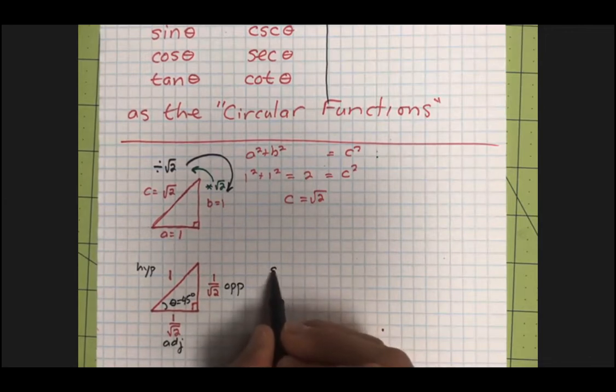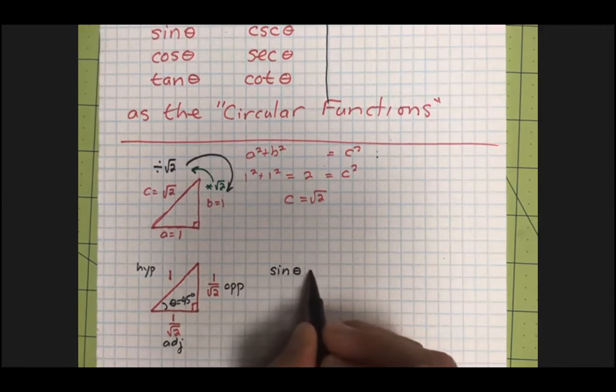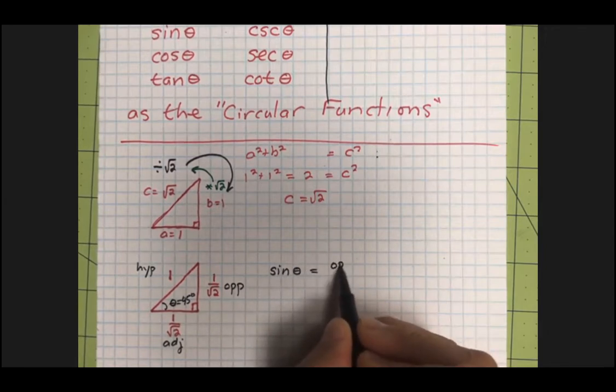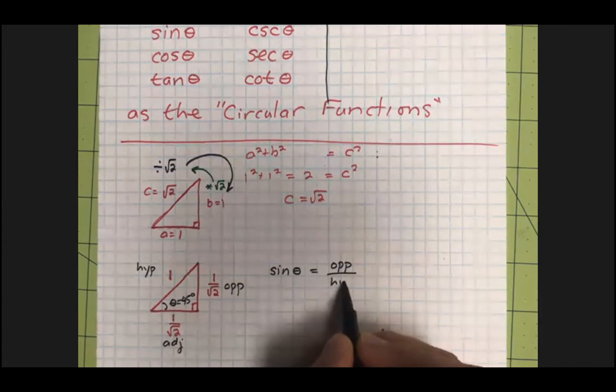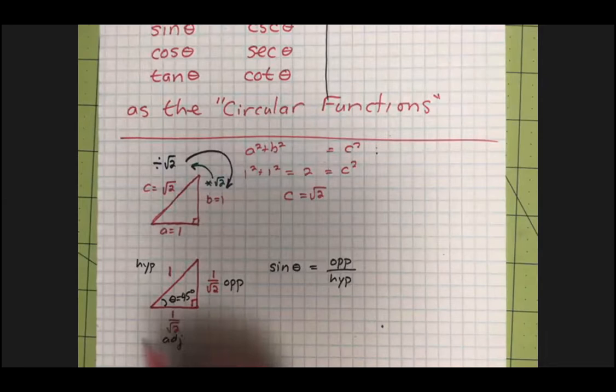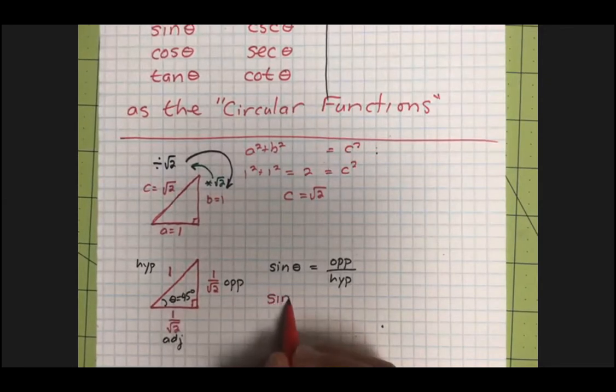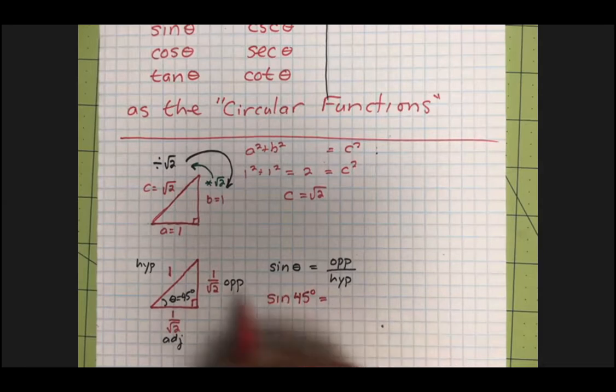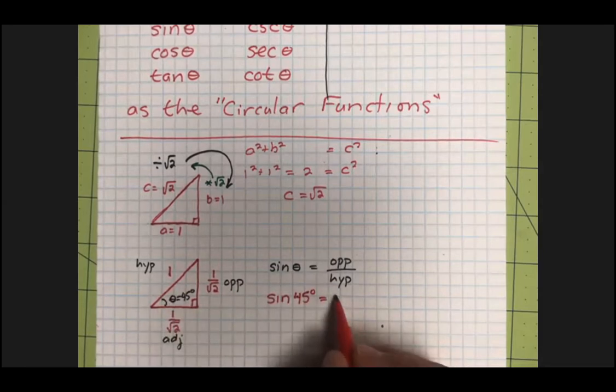Normally, we say the sine of theta is opposite over hypotenuse. And in this triangle, that means the sine of 45 degrees is opposite over hypotenuse, 1 over root 2 divided by 1.